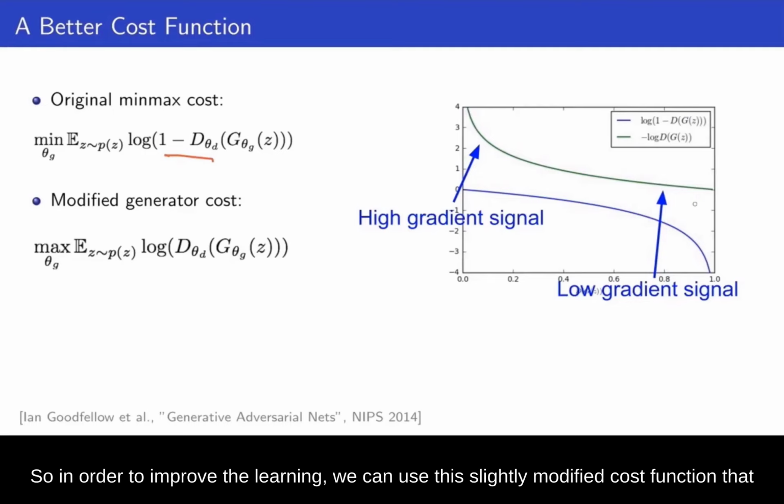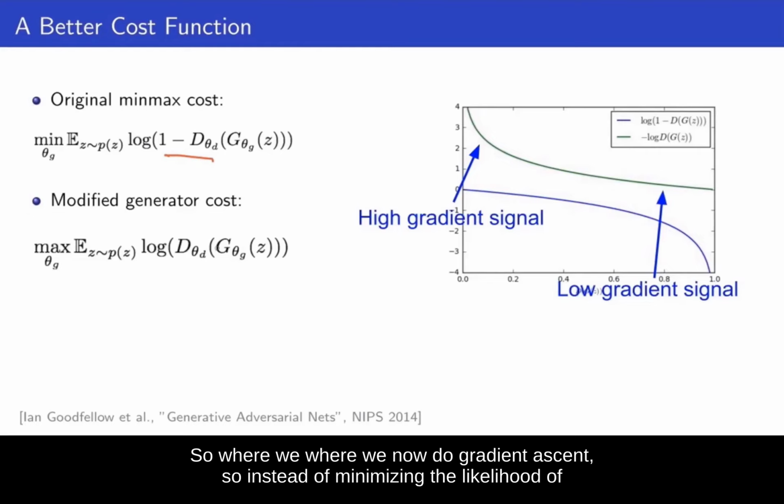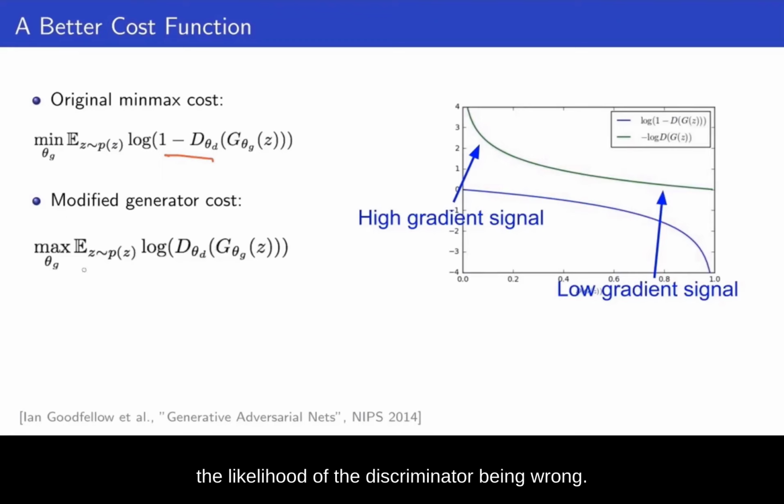So in order to improve the learning, we can use this slightly modified cost function that you see here, where we now do gradient ascent. Instead of minimizing the likelihood of the discriminator being correct, which is what we did before, now we are going to maximize the likelihood of the discriminator being wrong, which is basically the objective of maximizing log of d of g of z.